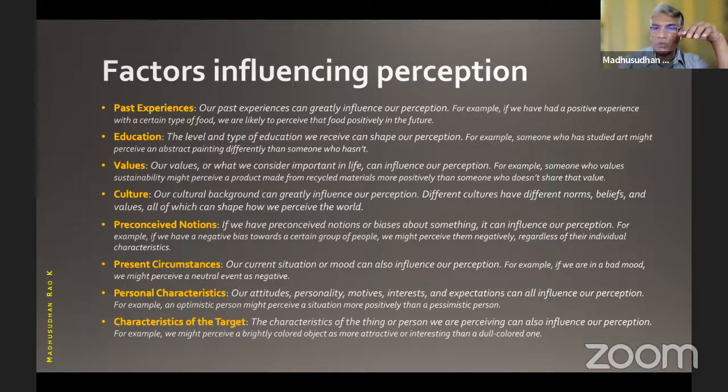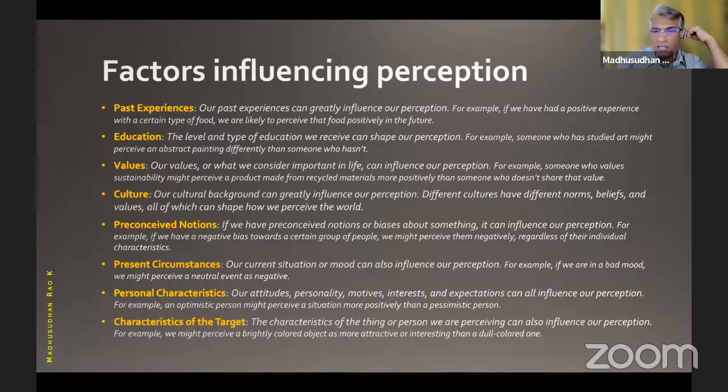A child comes to you with excitement, your mood is not good, you will just not perceive it. Whatever he is saying, you will not enjoy it, though it is enjoyable. So your present circumstance changes how you tackle the child and his perceiving things.